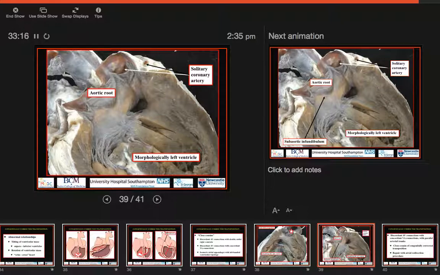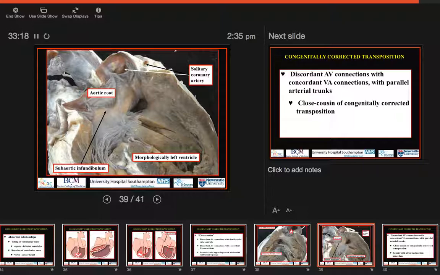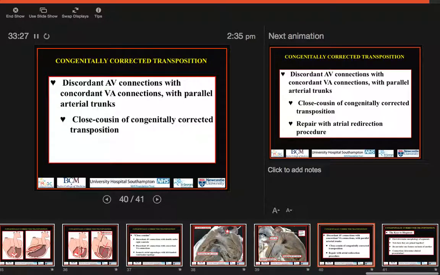Note in passing that there is also a subaortic infundibulum, but I would simply describe this as discordant atrioventricular connections with concordant ventriculo-arterial connections and parallel arterial trunks. Isolated ventricular discordance, if you will, anatomically corrected malposition, but those names don't tell you anything.